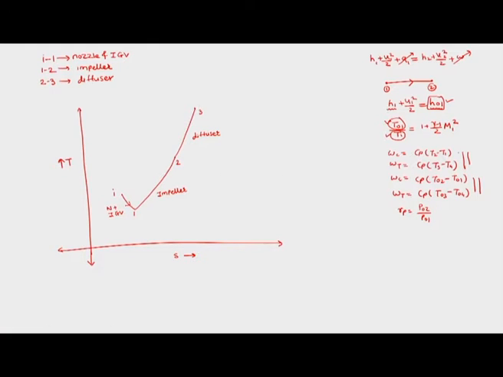Now if we consider the flow to be isentropically stopped, then what we get is T01, the total temperature over here.